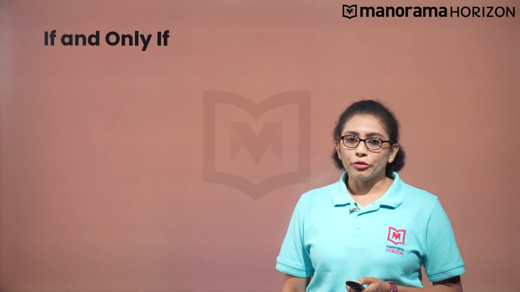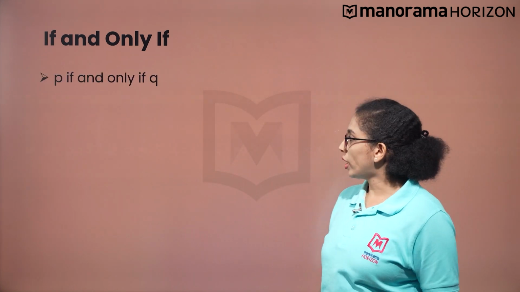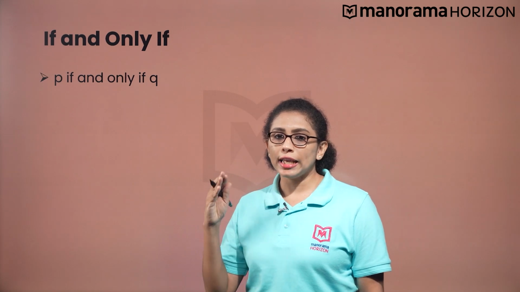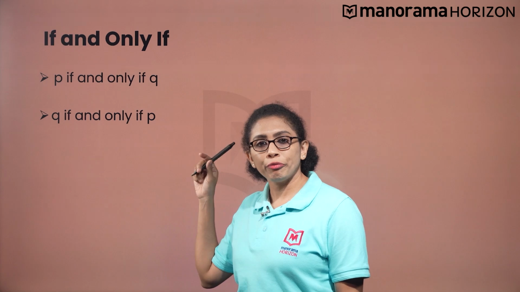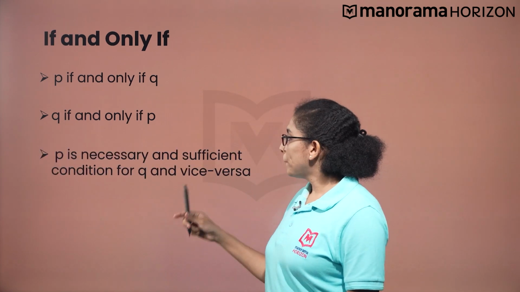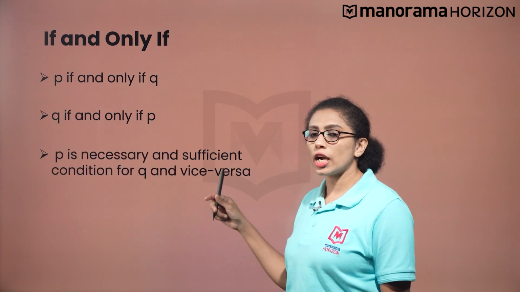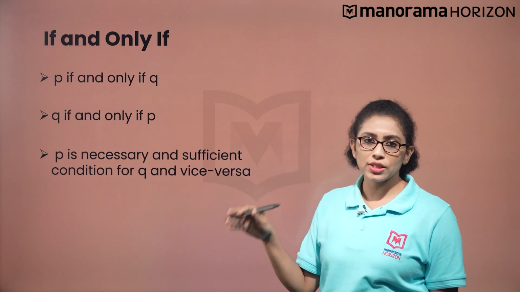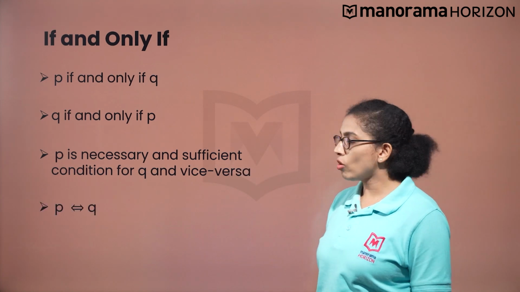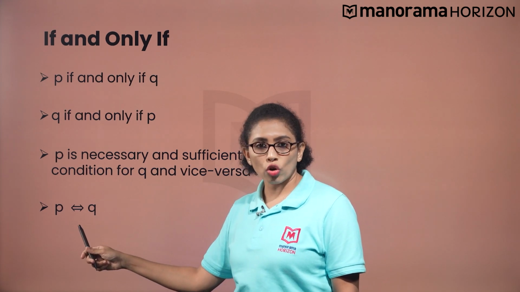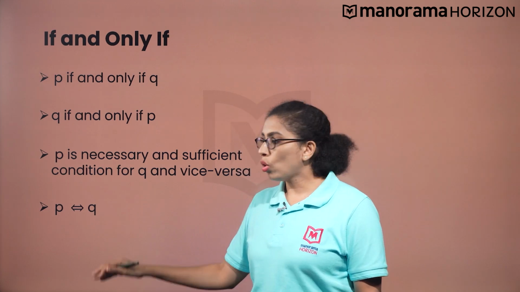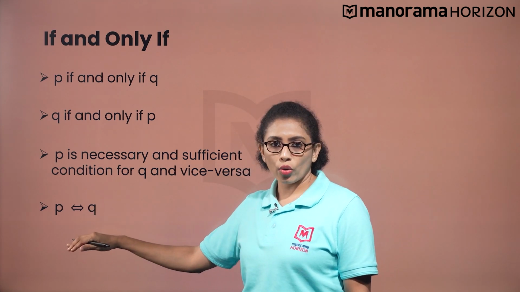Let us see some equivalent forms for the given statements P and Q. First one, P if and only if Q. Then Q if and only if P. Then P is a necessary and sufficient condition for Q and vice versa. And if and only if is represented using the symbol which is shown here. Here, both ends have arrowheads.